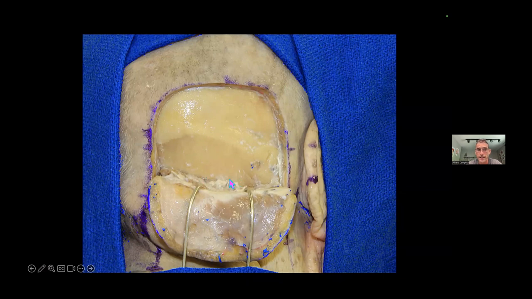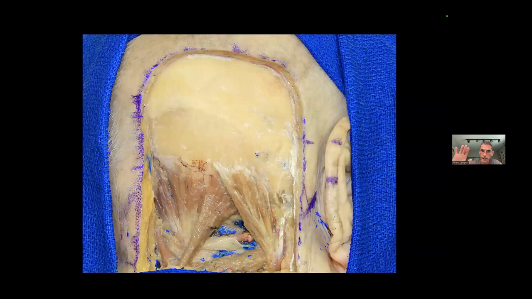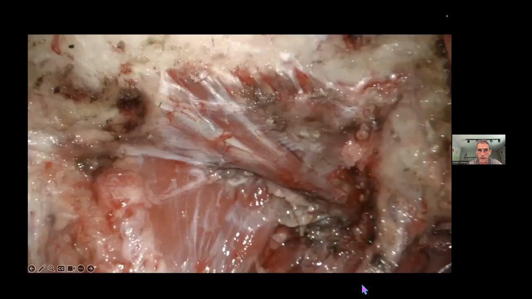In that part of the approach, we have to keep the deepest muscles of the nuchal region in the skull base. So we can see here the rectus minor, rectus major, inferior oblique, superior oblique, and the V3 segment of the vertebral artery. So we use the nuchal lines to do this.